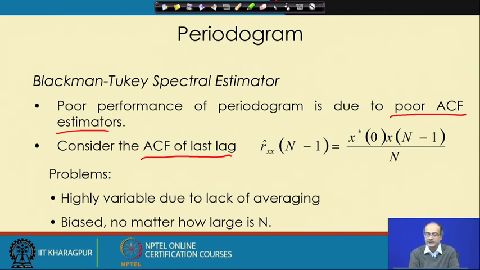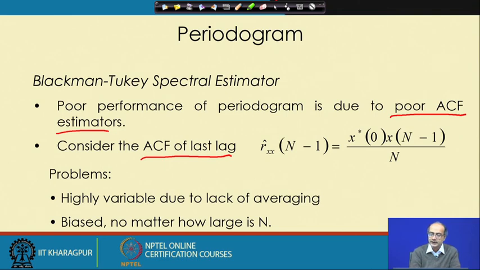In fact, for lag 0 we had all n terms to average. As we increase the lag, the number of terms reduces linearly, and for the last lag there is no averaging at all.